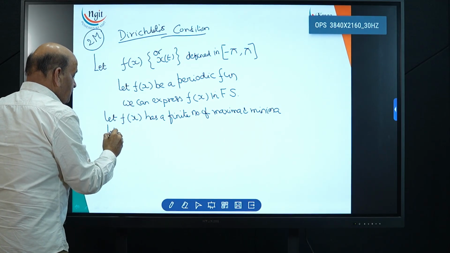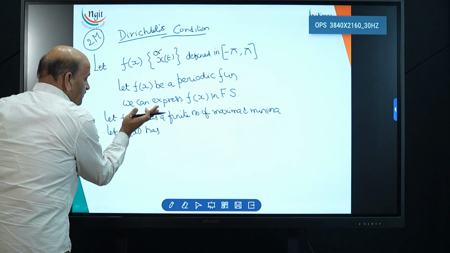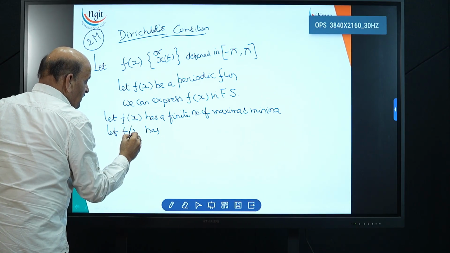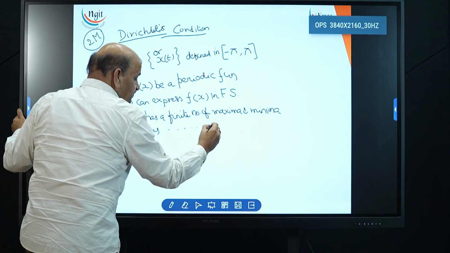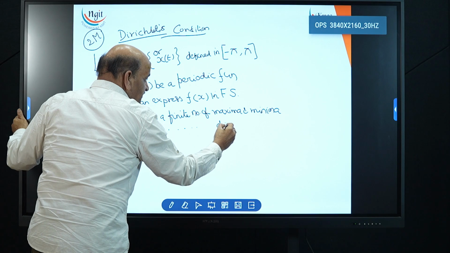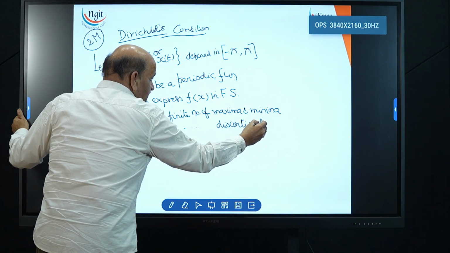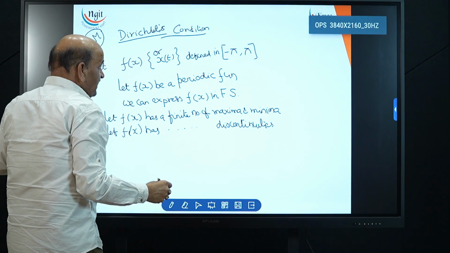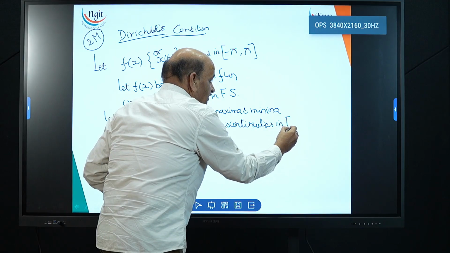Let f of x have a finite number of discontinuities in minus pi to pi.